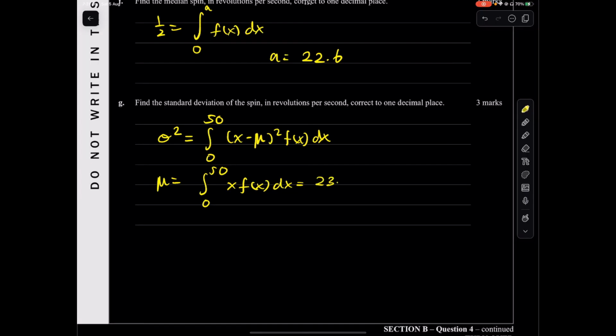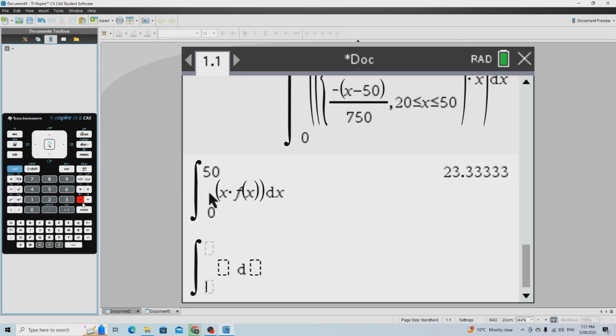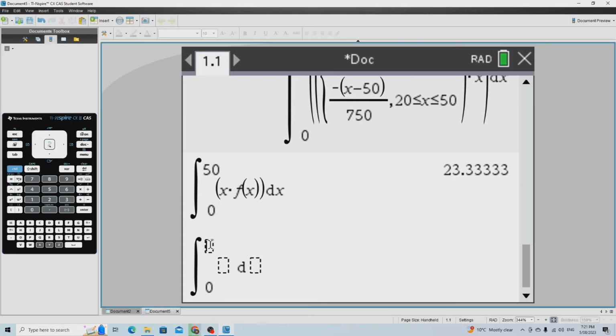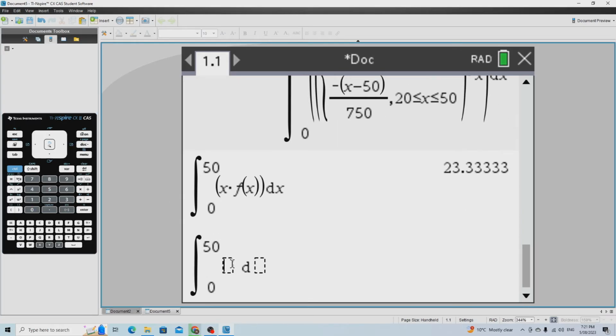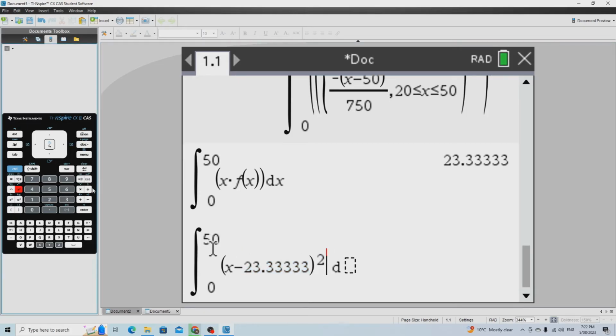That's equal to 23.33. So it means that your variance is the integral from 0 to 50 of x minus this value over here, so we want to take this value and square it, times f of x dx.